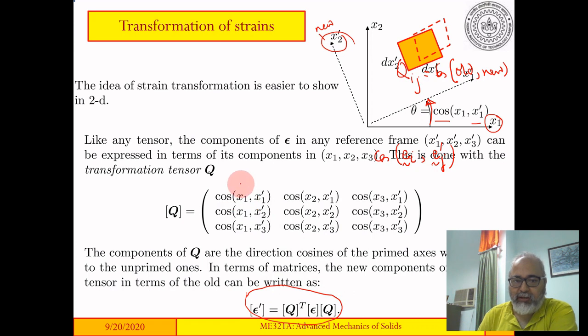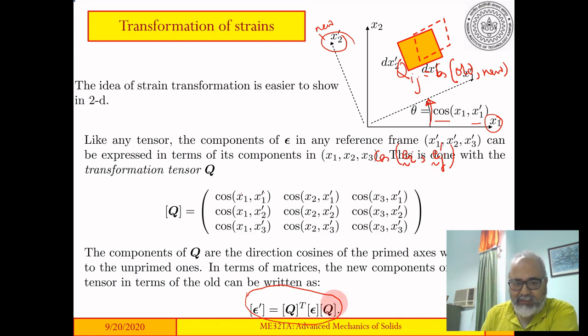Because we are using old to new, we are getting Q transpose epsilon Q. If we had used it the other way around, as many books do, we would get Q epsilon Q transpose. So you should be careful, but you don't need to be very careful because epsilon and epsilon prime both are symmetric tensors. So even if you do Q epsilon Q transpose, you will get the same answer.